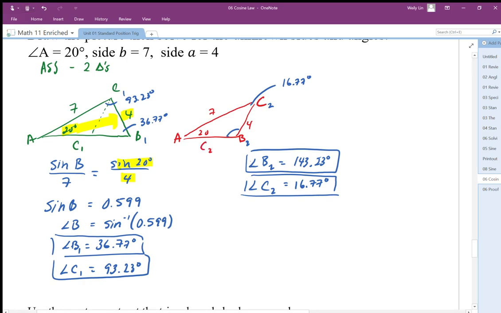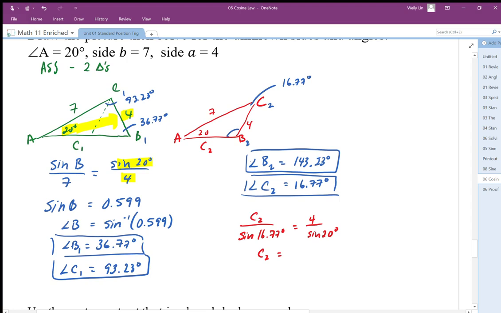So C2 over sine of 16.77 degrees is equal to my known sine ratio of 4 over sine 20.